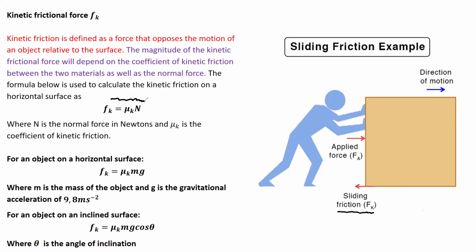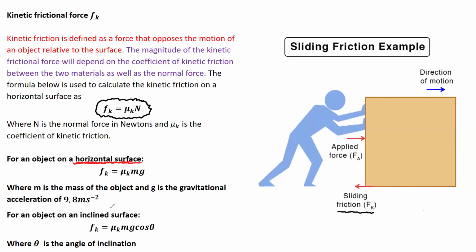The kinetic frictional force has this particular formula: Fk is mu k N. And I need you to be specific. On a horizontal surface, Fk is mu k mg.